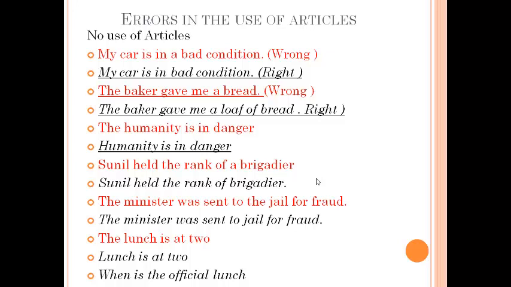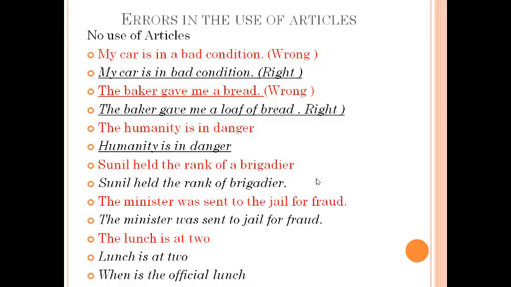We use the before directions, before unique things, and names of rivers, mountains, and groups of islands. Then before monuments, famous and religious books, museums, zoos, and famous or remarkable places, we use the definite article, that is, the.